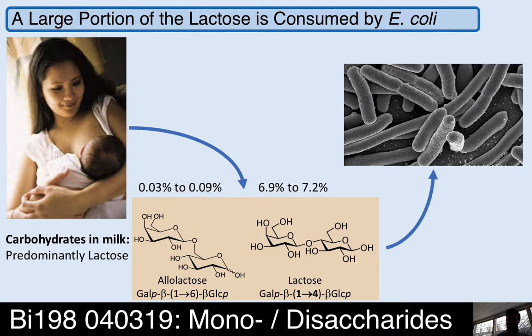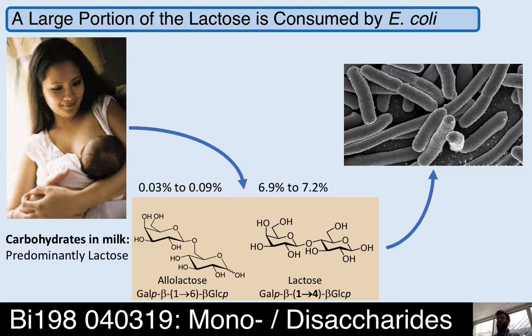So these bacteria live in the baby's gut. When a baby is first born, or in utero at least, its GI tract is sterile. There's no bacteria in the GI tract. And then the baby is born, and it comes through the birth canal and gets inoculated coming through the perineum of the mother.